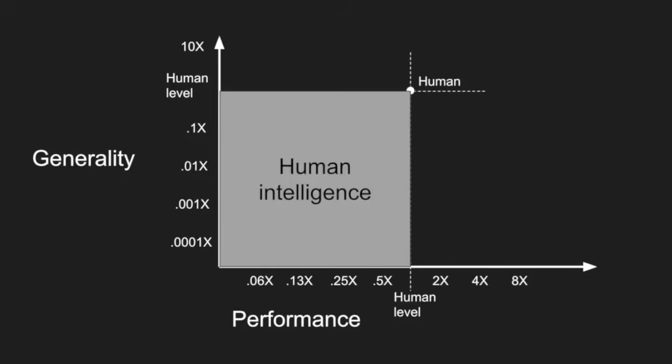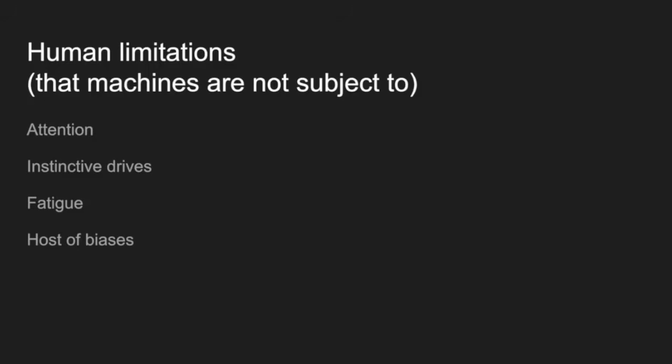So human intelligence can be notionally represented by the area that's entailed by this point. Just want to point out there's no reason to believe that machines might not exceed human performance in some areas. Humans have a number of limitations that are built into the way in which we've achieved our intelligence through evolution. Things that may have been very useful at one point, or may be useful broadly, but now may not be useful in pushing the limits of intelligence.